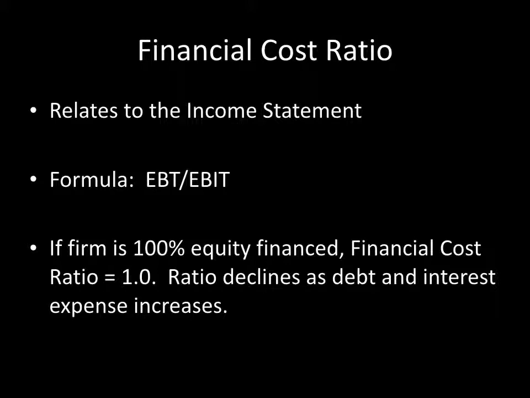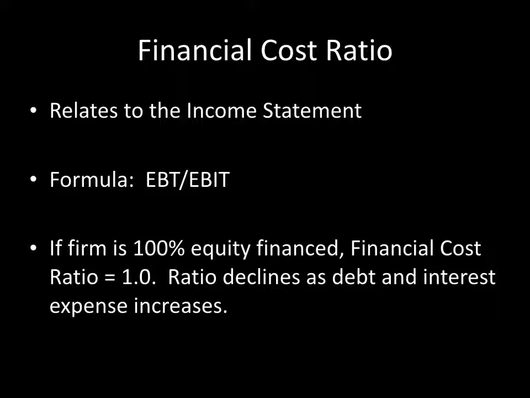Now we're going to break down those components of the return on equity ratio that we saw early on and look at the financial cost ratio. The financial cost ratio, both the numerator and denominator, come straight from the income statement. In other words, earnings before taxes divided by earnings before interest and taxes. So if a company has 100% equity, no debt, no interest, the financial cost ratio will be 1. That's as high as it can get.